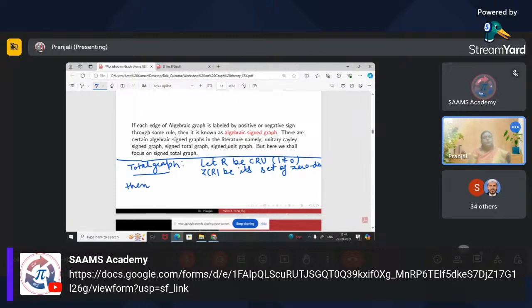Then the total graph of the commutative ring with unity is a graph where V is nothing but all the elements of R, and two vertices a and b belonging to R are adjacent if and only if a plus b is a member of Z(R).